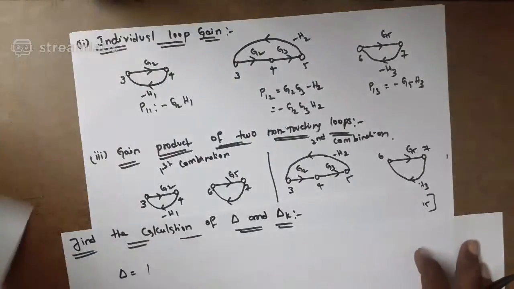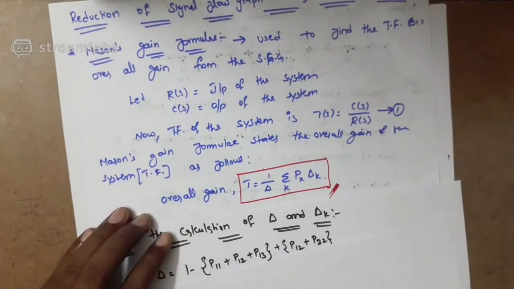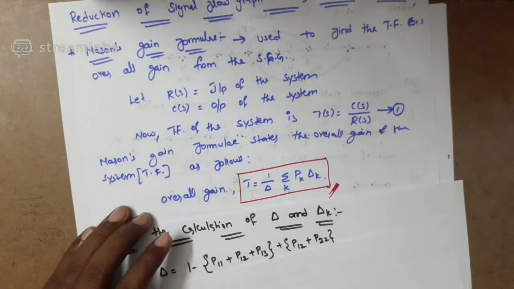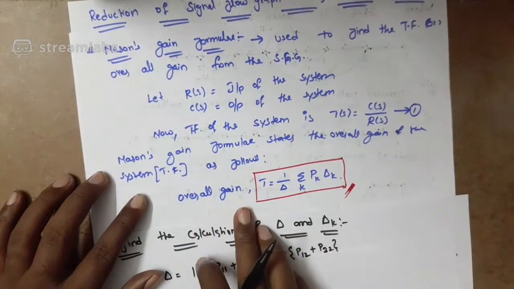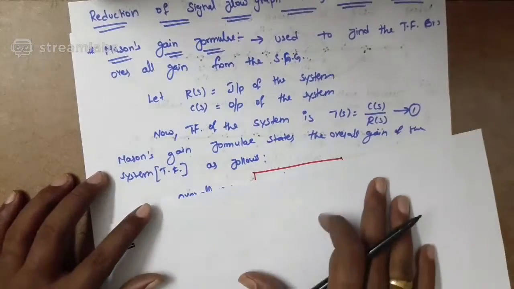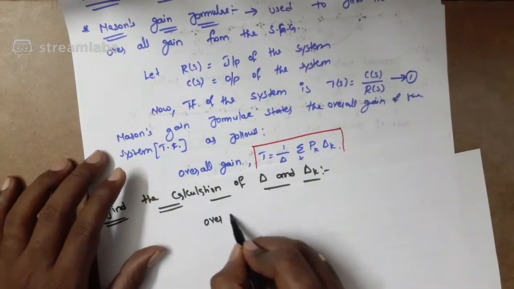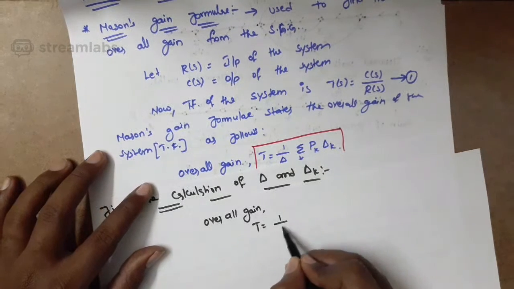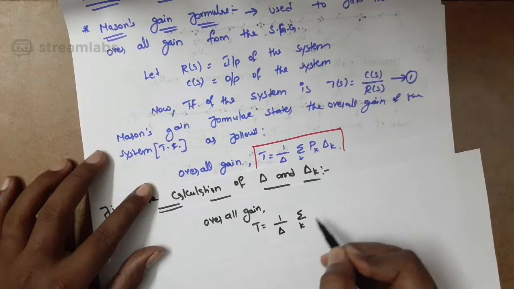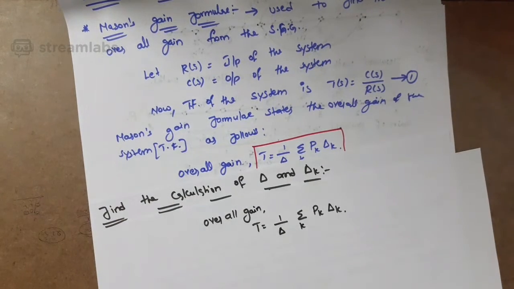To find the overall gain, T is equal to 1 by delta, summation of k, Pk delta k. Now substitute all these things here.